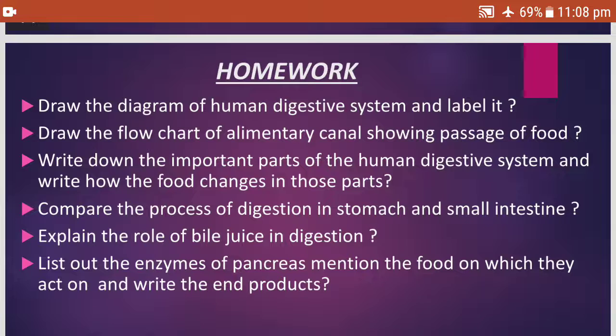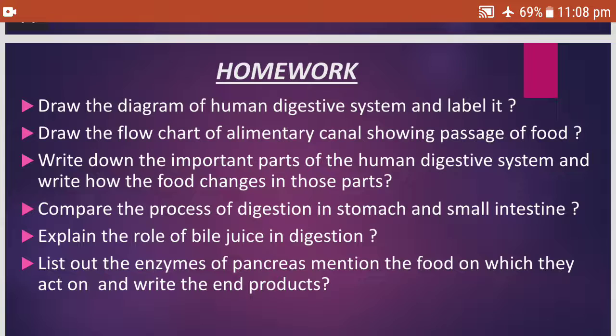I am going to read a few questions. Please note them down. They are important questions from the worksheets. Draw the diagram of the human digestive system and label it. Draw the flowchart of the alimentary canal showing passage of food.